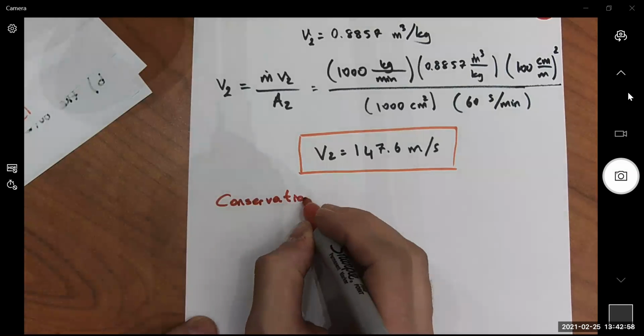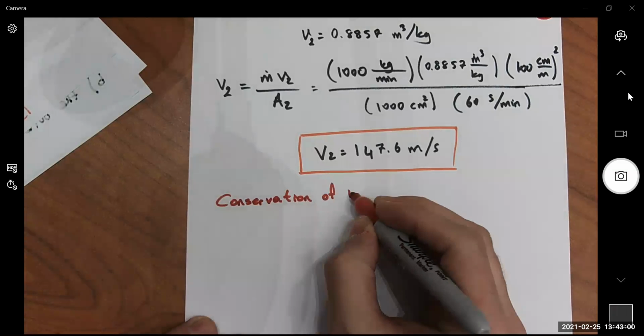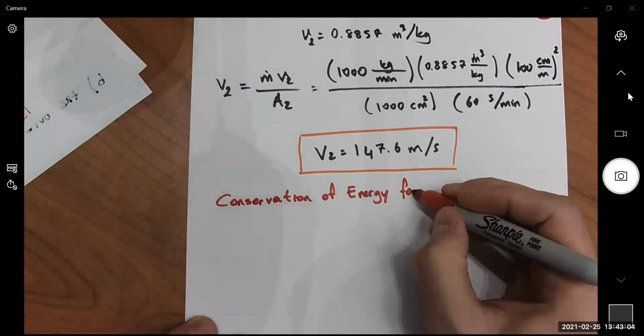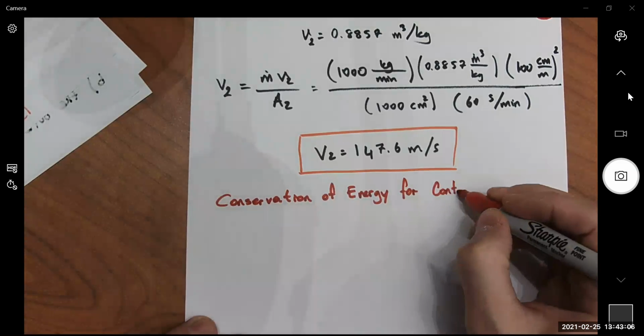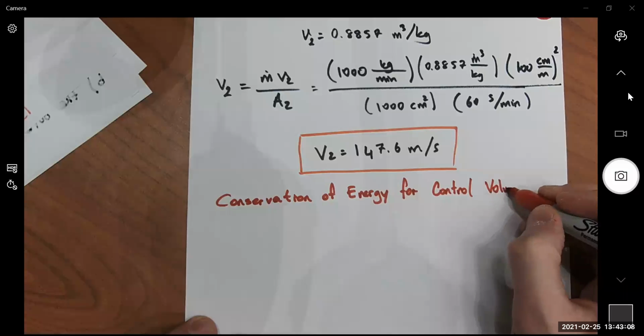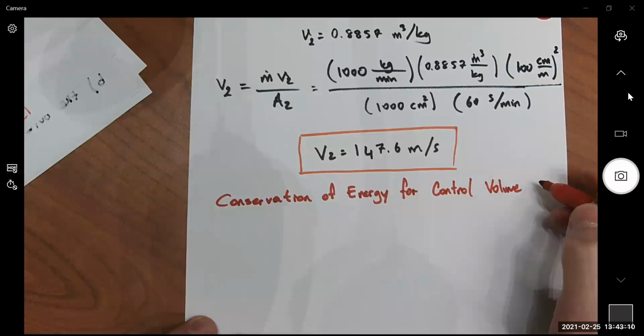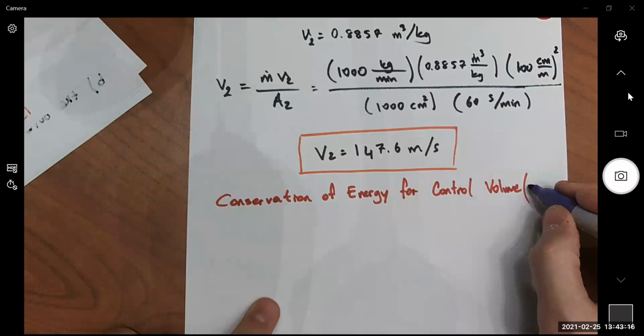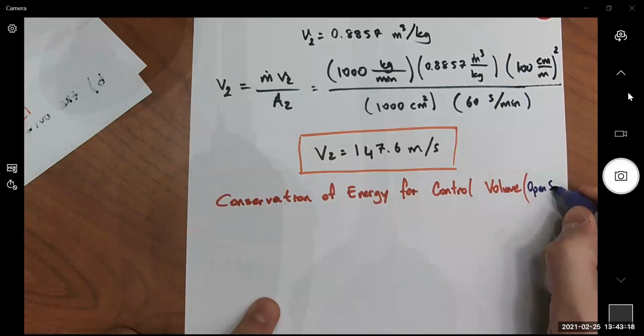Conservation of energy for a control volume, or open system.